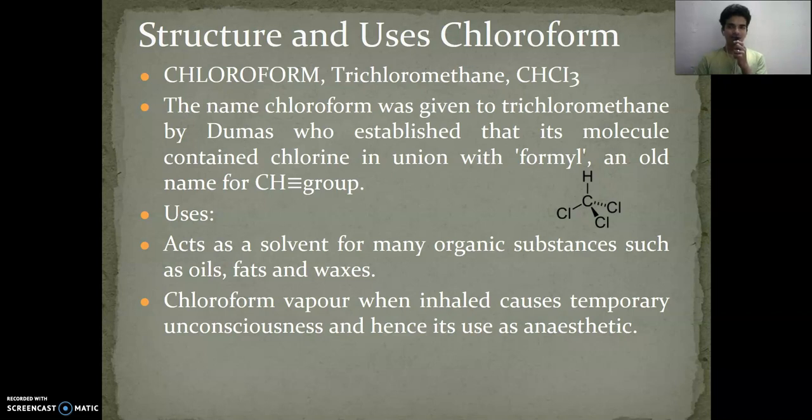So it is Alexander Dumas who discovered this name. It acts as a solvent for many organic substances such as oils, fats and waxes. Chloroform vapors, when inhaled, cause temporary unconsciousness, and hence it is used as an anesthetic.